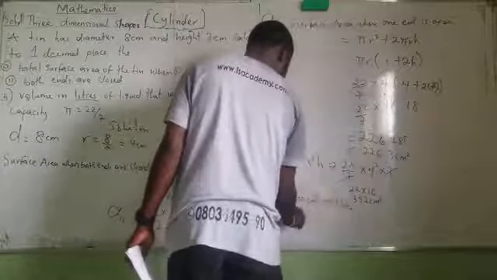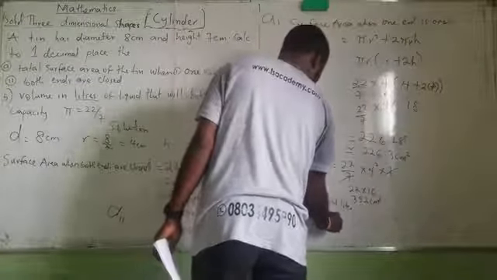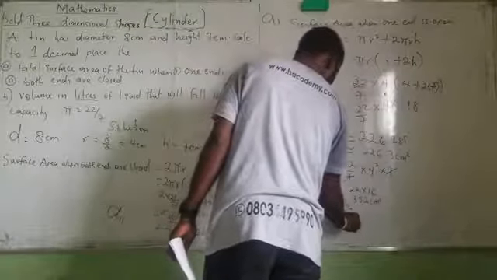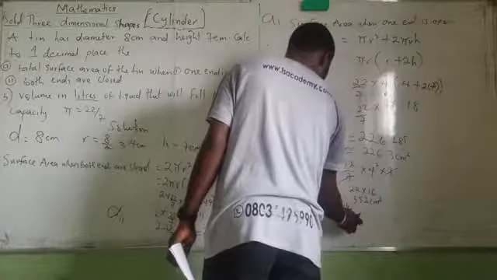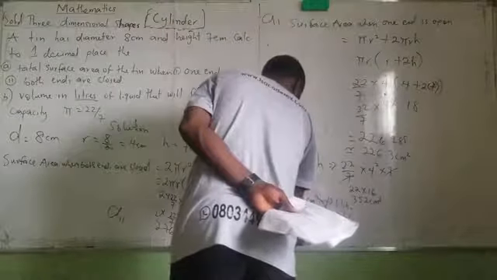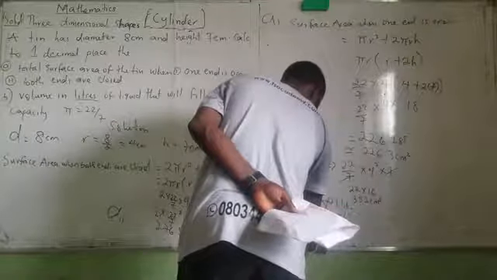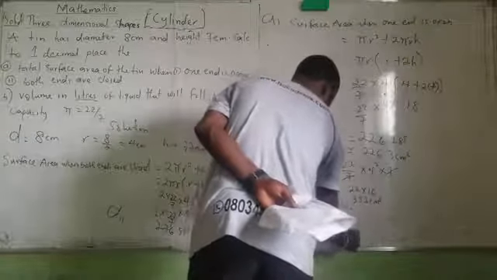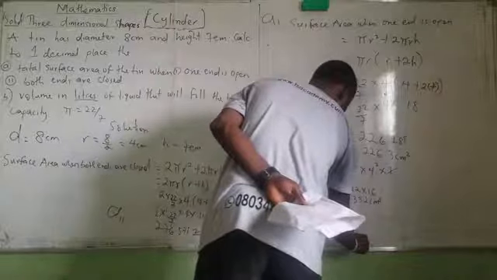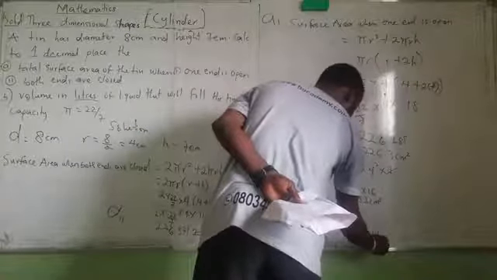It means 352 centimeter cube will be making x liter. It means my x will be equals to 352 divided by 1000, which will be 0.352 liter.